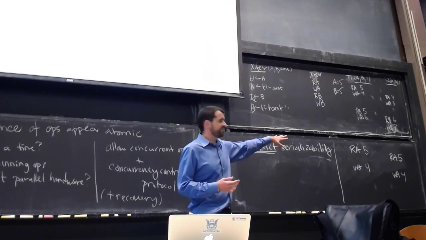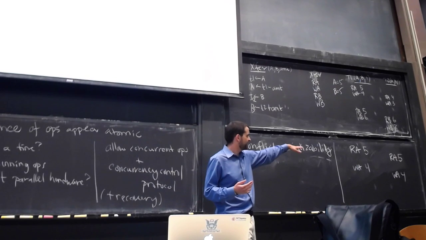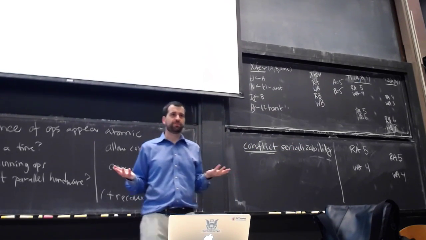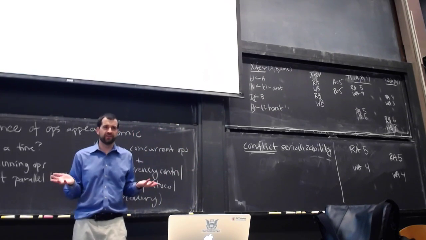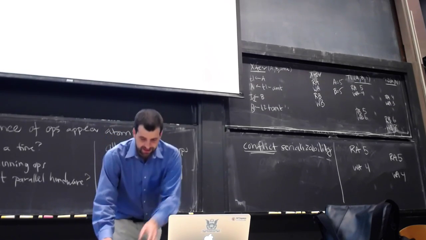If both transactions just read some variable, like transaction 1 reads A and transaction 2 reads A, that's not a problem. It's not a conflict. That's not going to affect whether or not there's a serial equivalence just because they read it. There has to be a write that happens.